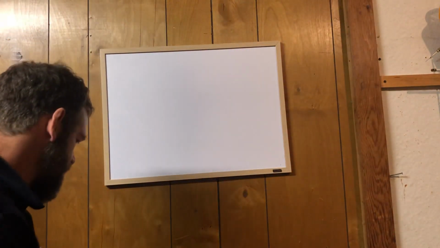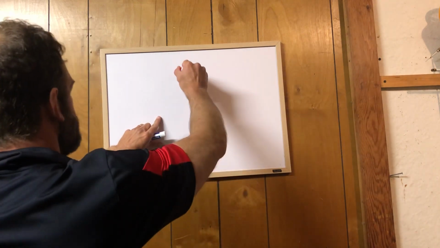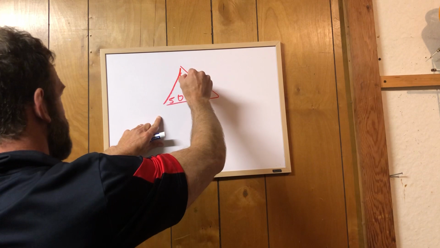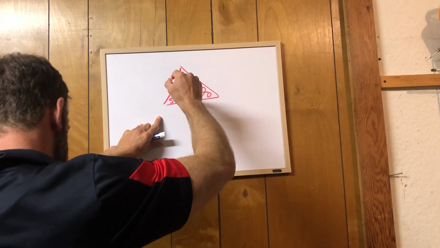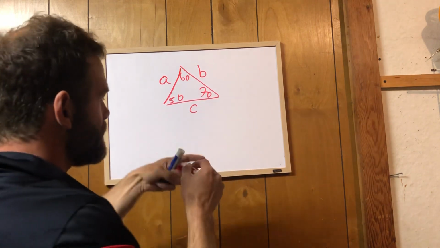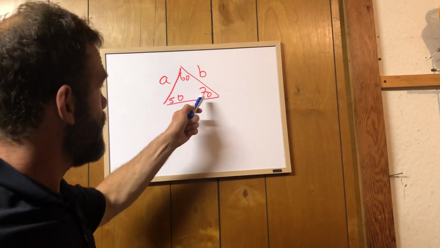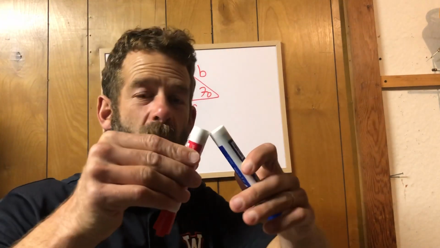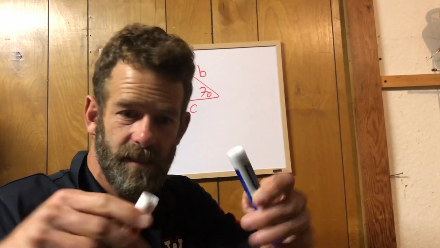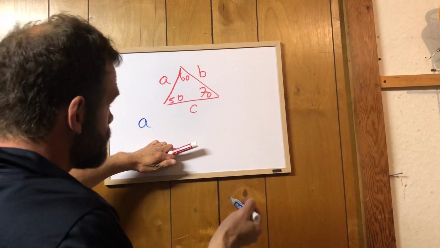So if you look at the example that I gave you, I say in a triangle this is 50, 60, 70, and you have A, B, C. What's the biggest side? If we don't know the length, I know that 70 degrees is going to be the widest angle, so the side across from that has to be the longest side. So the largest side is A. What's the smallest side?